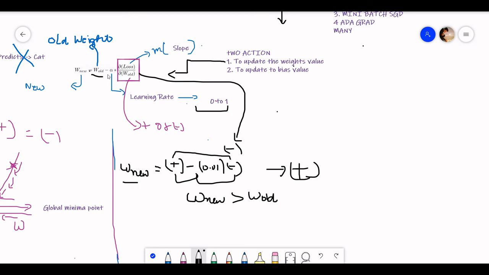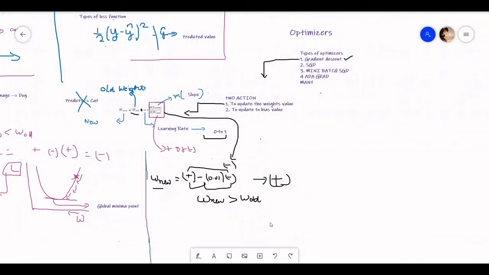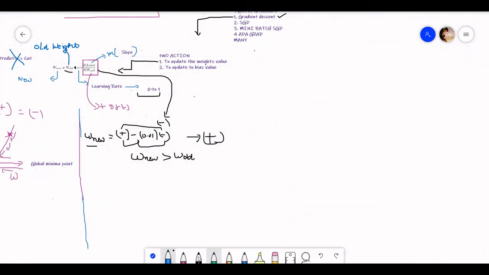It will become positive if our derivative is negative. So we are adding some value to our old value, so W new will become greater. So in that case, if we check our gradient descent, the initial value will become this side.